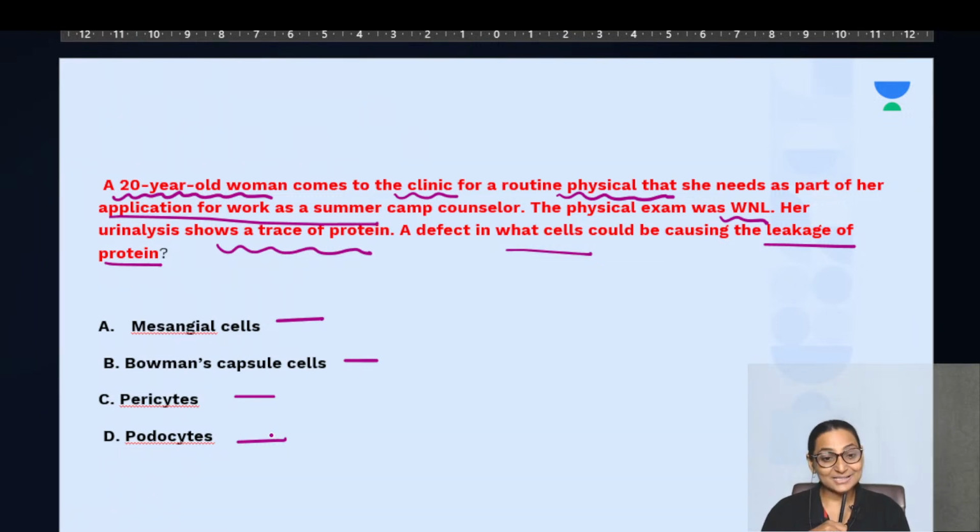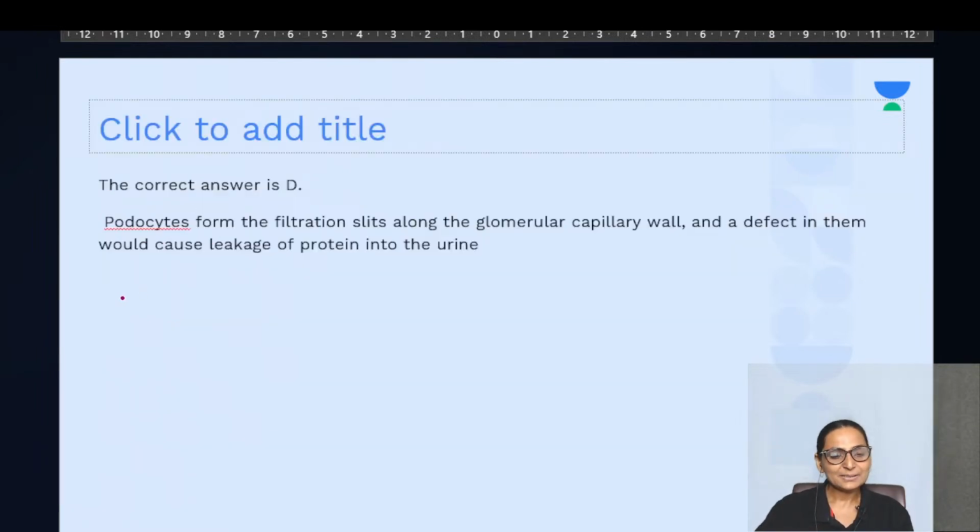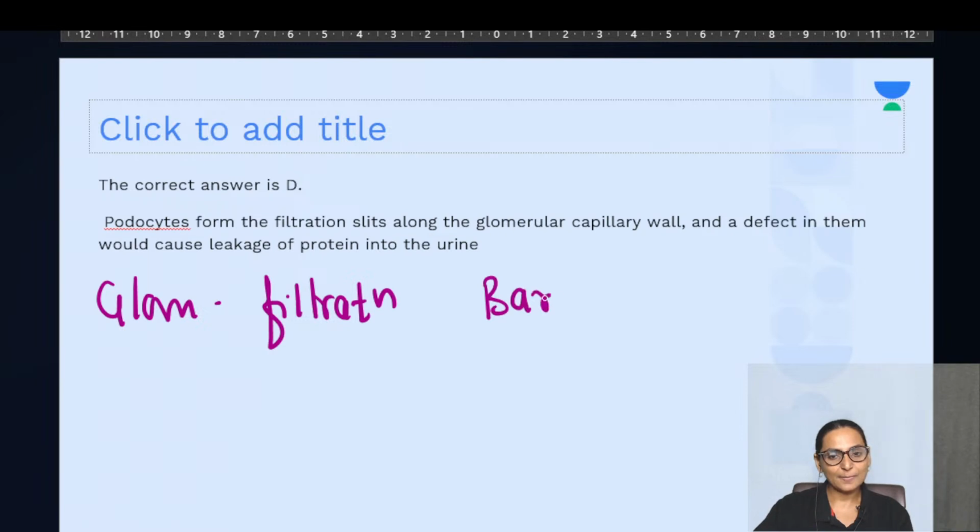Yes, the correct answer is podocytes. That means this is a question related to the glomerular filtration barrier. When we consider the glomerular filtration barrier, it is made up of three layers.